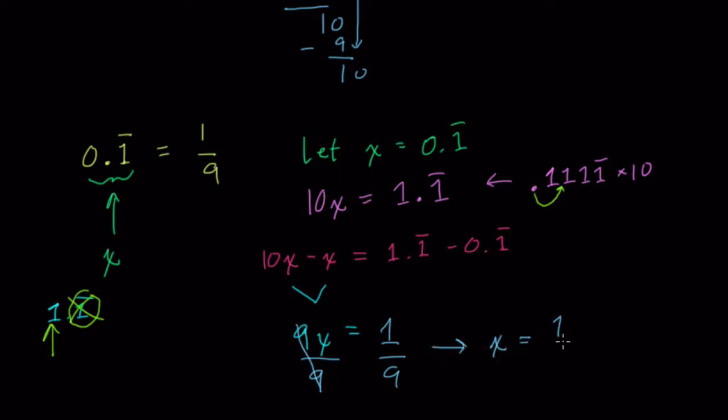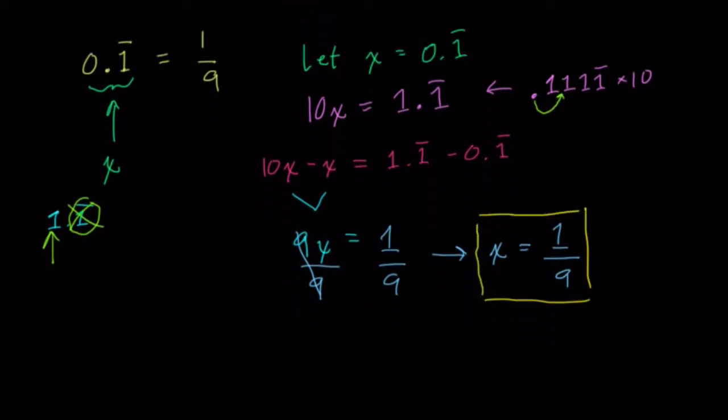Now, what we just did there might be a little subtle, right? It might not feel you accomplished anything, but here we did it. We showed that x also equals 1 over 9. So think about this now. If x equals 0.1 repeating over here, and x equals 1/9 as well, then we know 0.1 repeating also equals 1/9. We've shown that the 0.1 repeating decimal is 1/9.